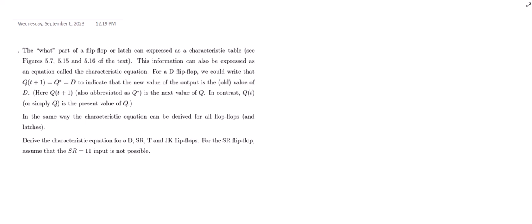So the first thing that I want to do when I'm trying to get the characteristic equation is to write the characteristic table. These you need to just know. We did it on the first page, but you need to know them.